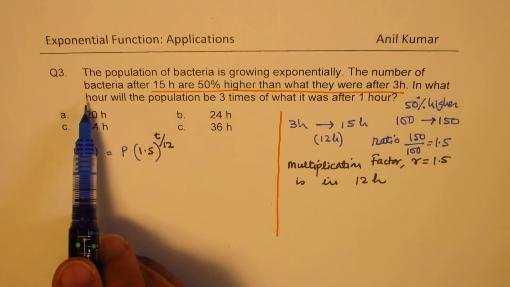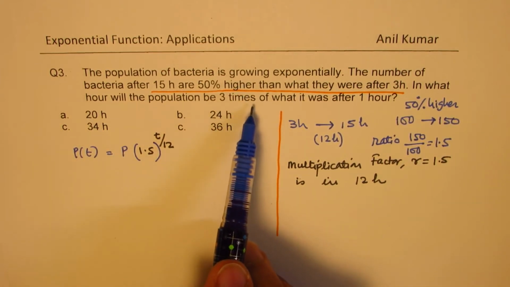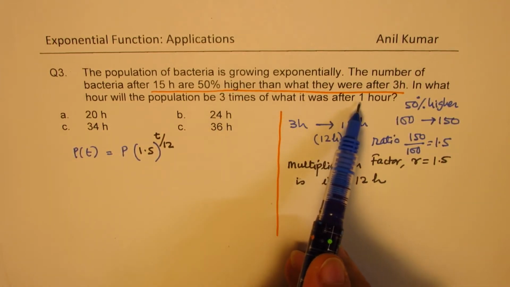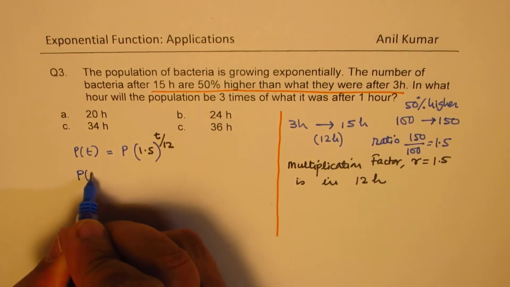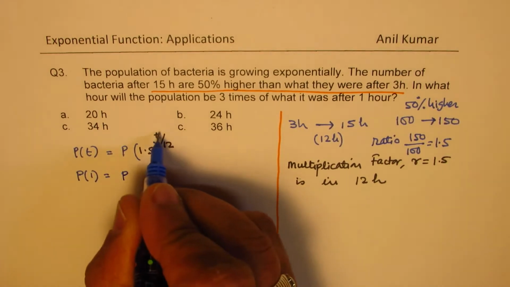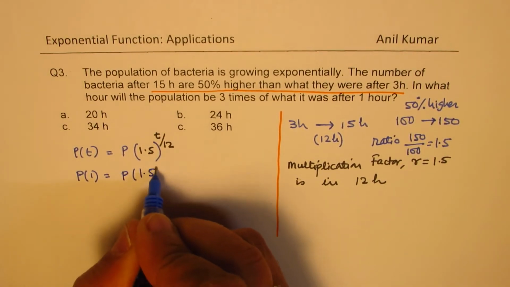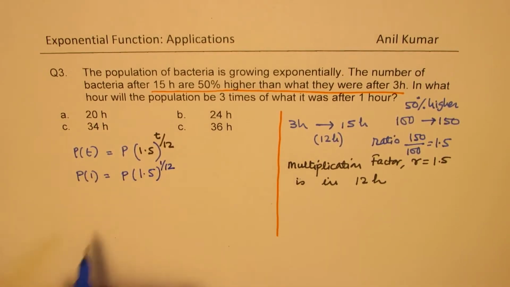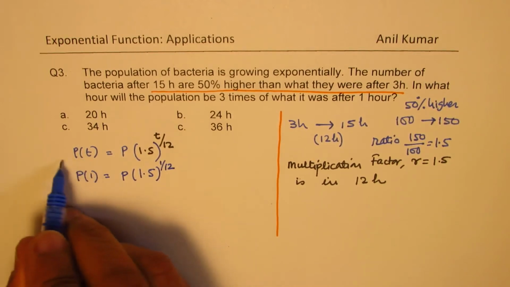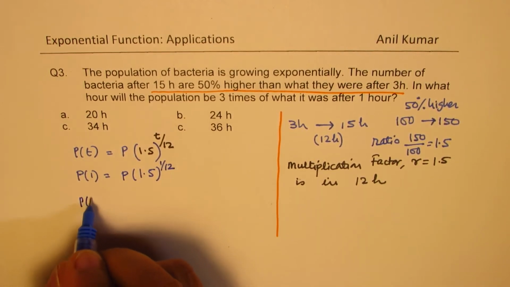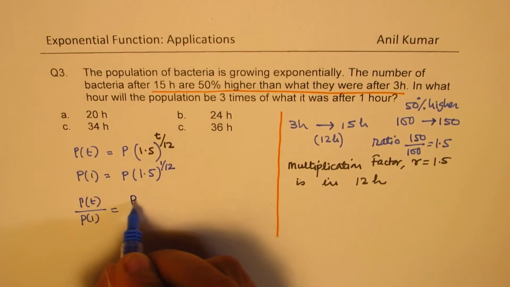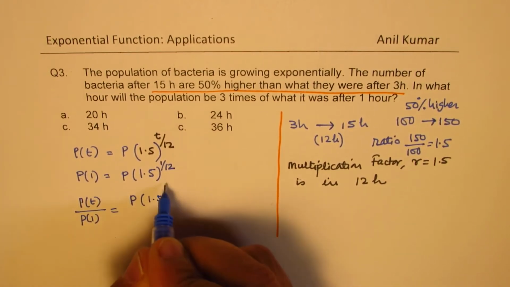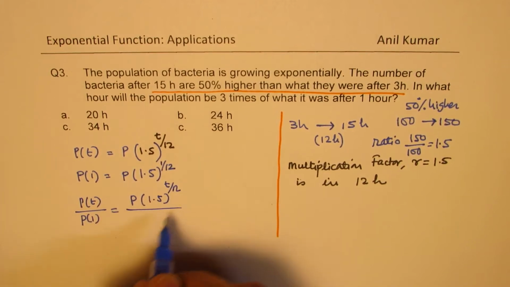In what hour will the population be 3 times of what it was after 1 hour? So P1 will be when I write T as 1 over 12. Now what we want is this ratio PT over P1, which is P0 times 1.5 to the power of T over 12, over P0 times 1.5 to the power of 1 over 12.